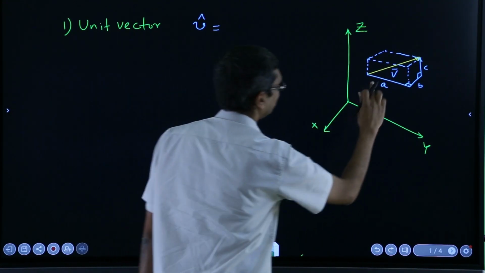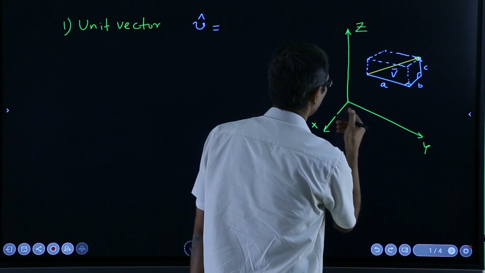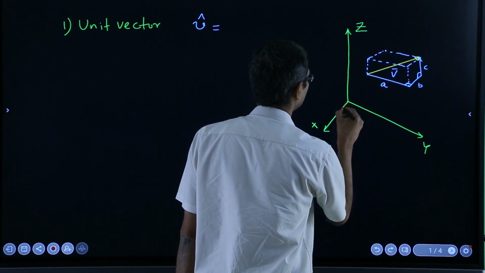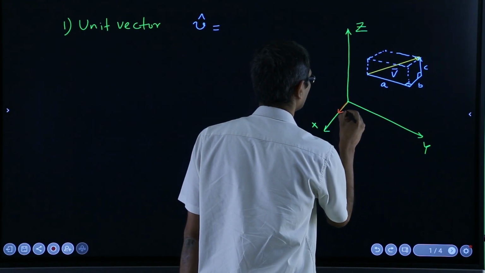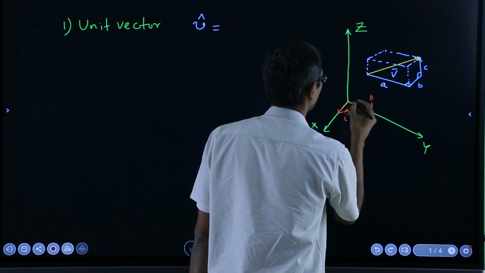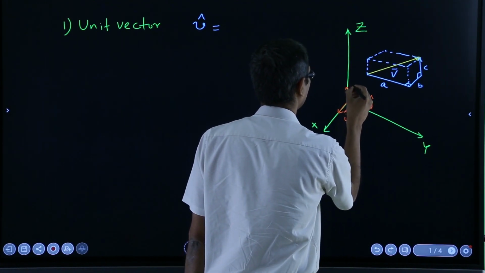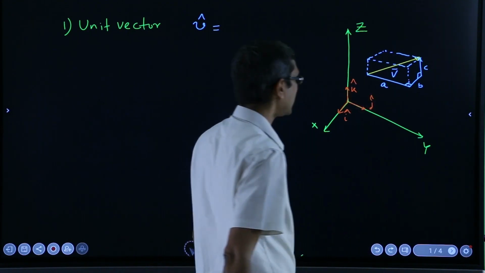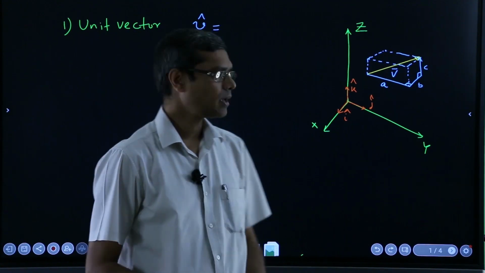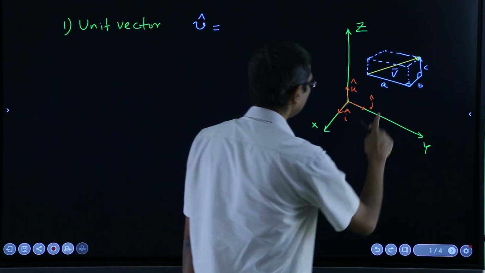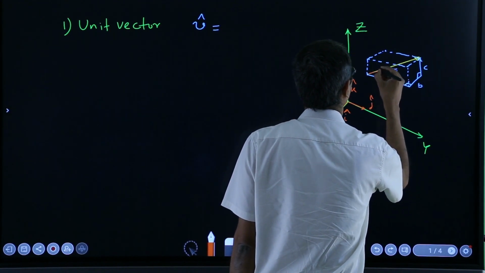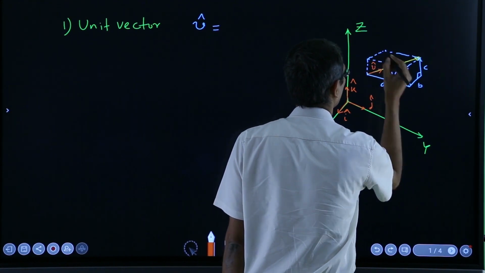Now, first you have to represent this arrow with proper unit vectors. So, suppose this is i, these are j, and this is k. So, i, j, k, the unit vectors in the orthogonal directions x, y, z. Then the unit vector in the direction of this, which is v, will be how much?